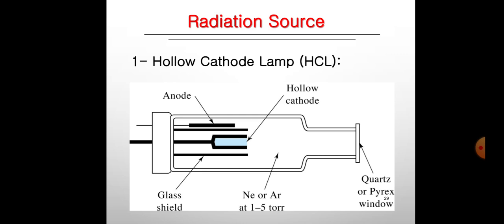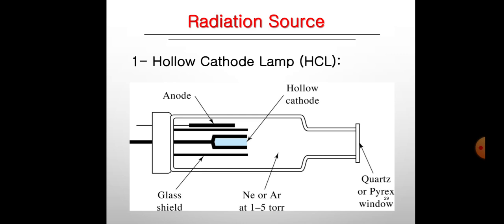Okay, then we are going to talk about radiation source. As I said, we have to use a radiation source in the atomic absorption instruments. Also in the atomic fluorescence instrument, we have a lamp or radiation source or light source.